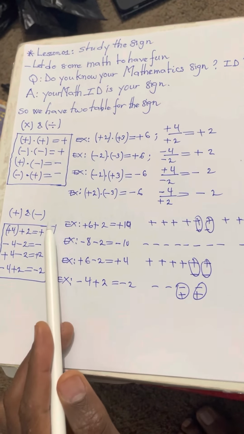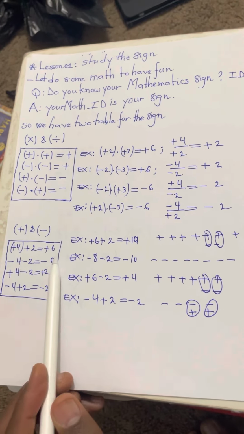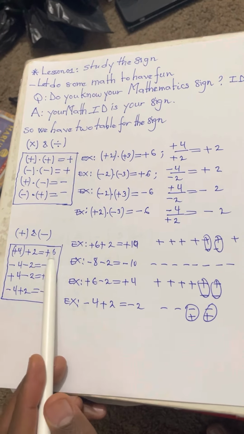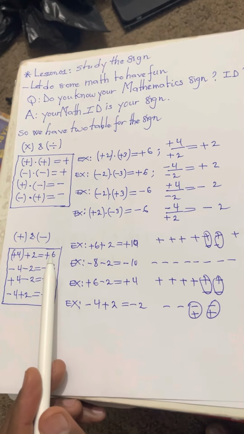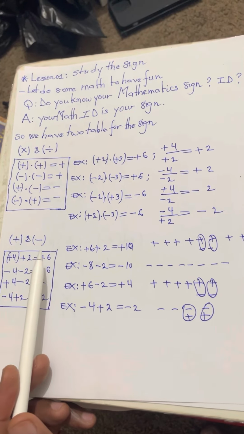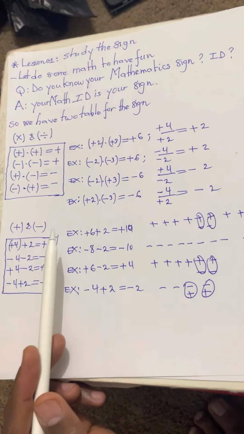Now, the second table concerns adding and subtraction. This is like how the bank works, the system of banks in the United States and in the world in general: debit and credit. Now, this table is for adding and subtracting.